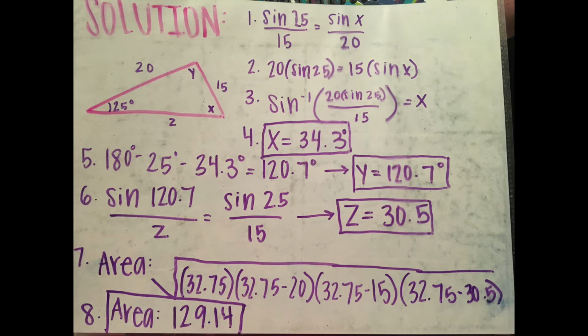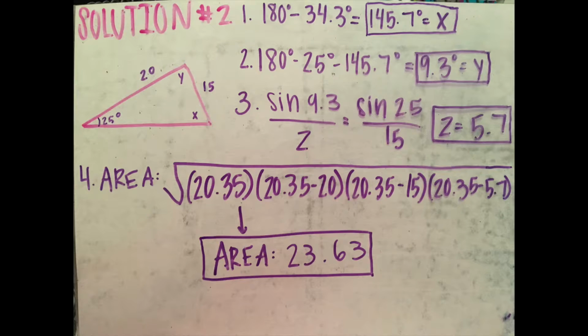The last thing that I had to do to solve the first solution of this triangle was find the area of the triangle. And in order to do that, I had to find the square root of half of the perimeter, and then multiply that by half the perimeter minus each side length. So you can see on the screen what I plugged in. And so after solving that, I got the area to equal 129.14.